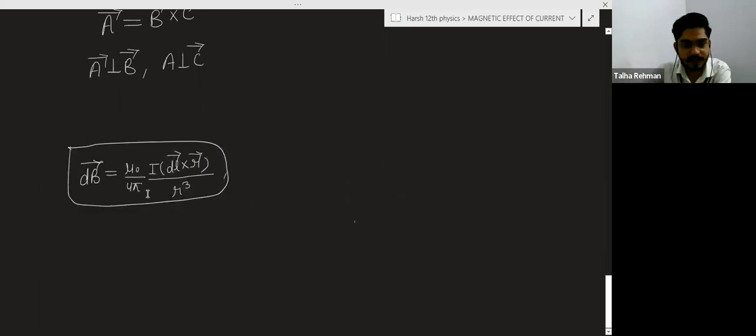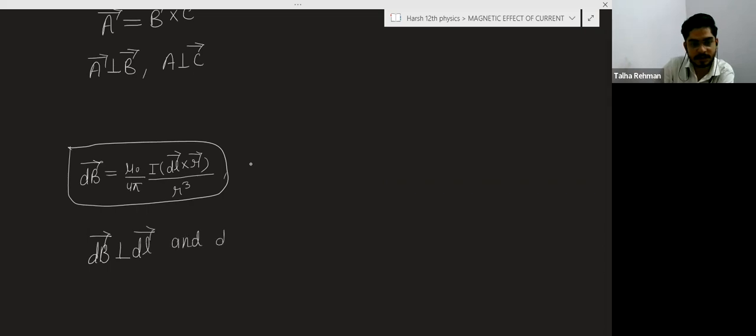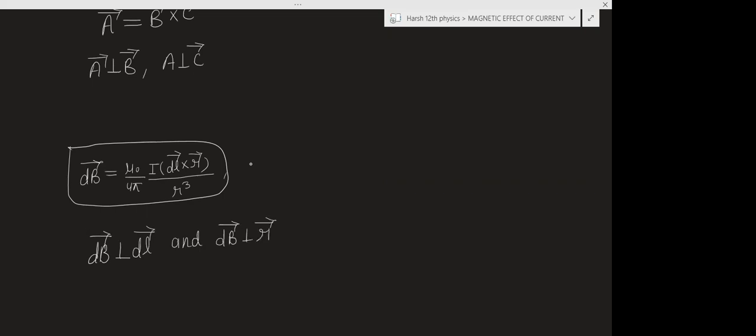You can see here, this dB is the cross product of dl vector and r vector. So you can write this dB vector must be perpendicular to dl vector, and this dB vector must be perpendicular to the position vector. This thing is very important.